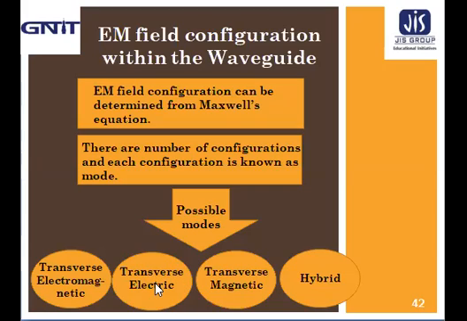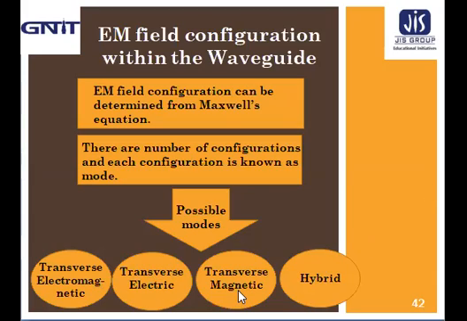That is Ez equal to 0, but Hz not equal to 0. In the previous one, that is in TEM, there was Ez equal to 0 and Hz equal to 0. Here, for transverse electric, Ez equal to 0, but Hz not equal to 0.